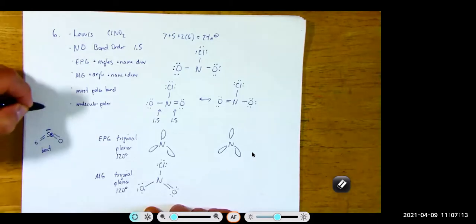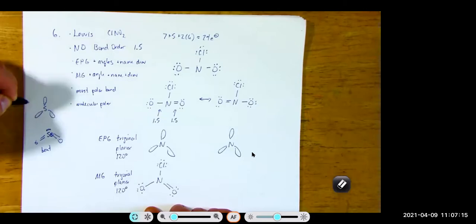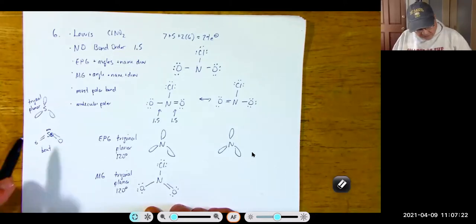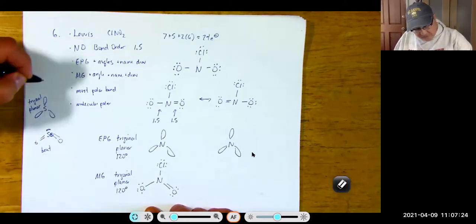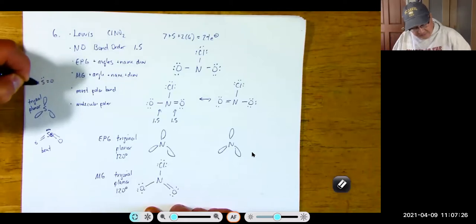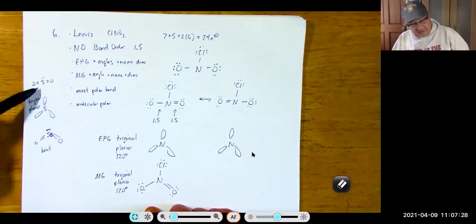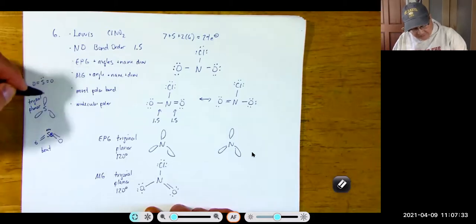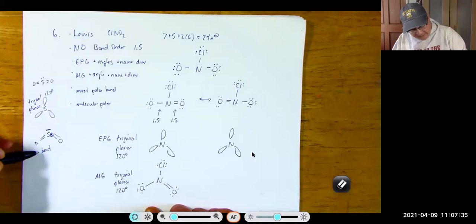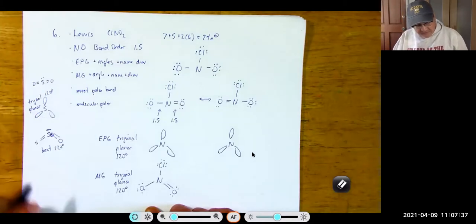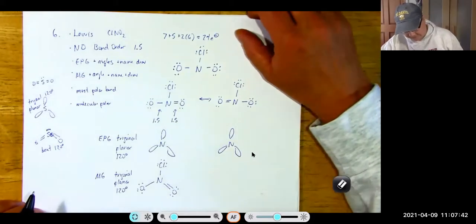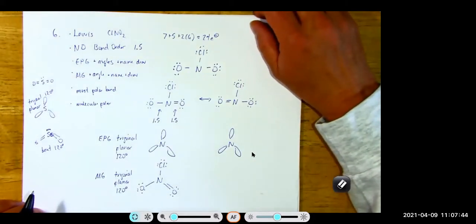So for the molecular geometry, we have to keep in mind the lone pairs, because that changes the shape of it. So this is the electron pair geometry, trigonal planar 120. But here, this is called bent, but it's still 120. So the bond angle degrees don't change, but the name does if you have a lone pair, because the shape changes a little bit.